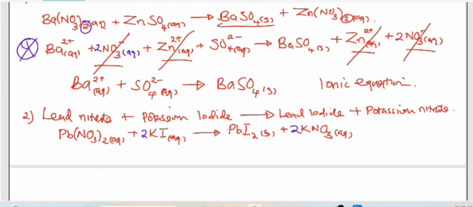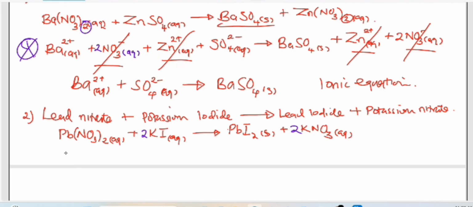You can skip the second step and just say lead reacting with the lead cation plus the 2 iodide ions, then you are going to form the lead iodide solid state product.